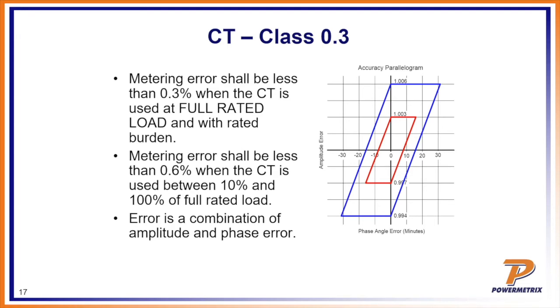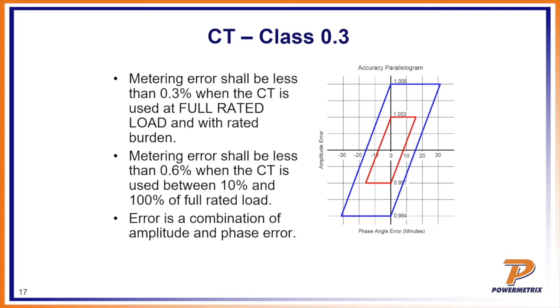Once you get to 199 amps, 1 amp below, now you're within that 0.6% range. So you drop as soon as you get below that full rated load. And you can go all the way down to 10%, which is like 20 amps, for example, on a 200 to 5 CT. You're guaranteed 0.6% down to 20 amps on a 200 to 5 CT.